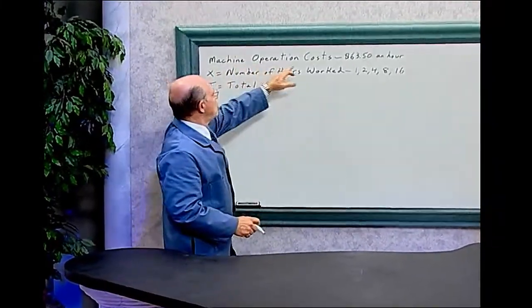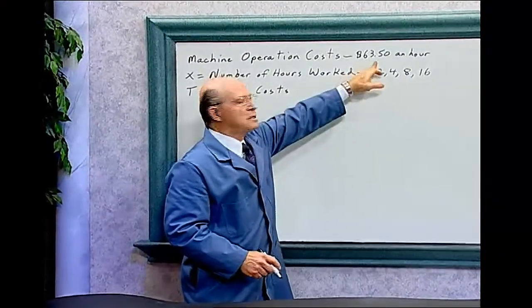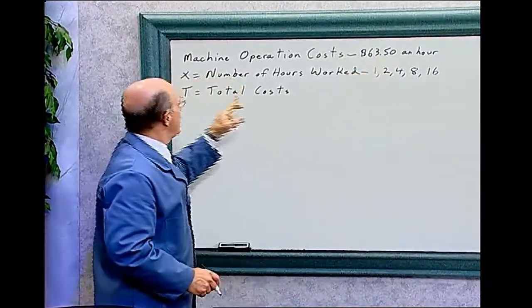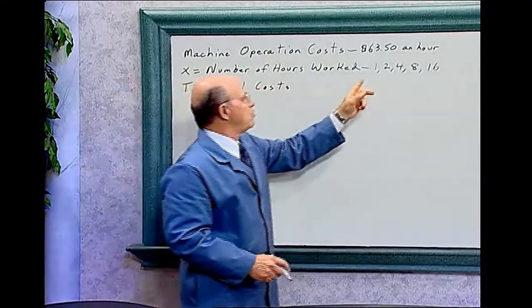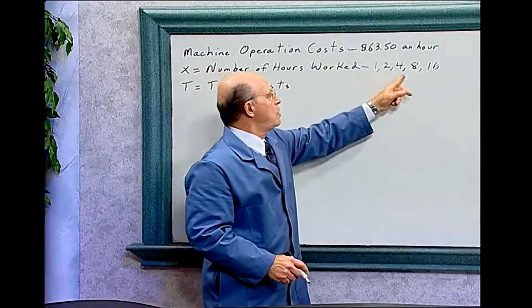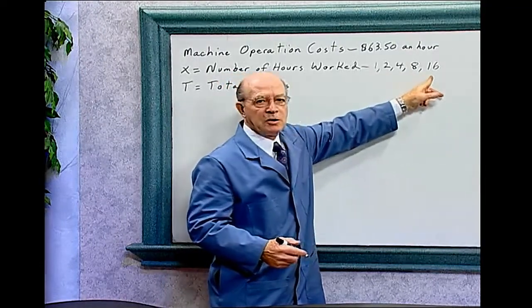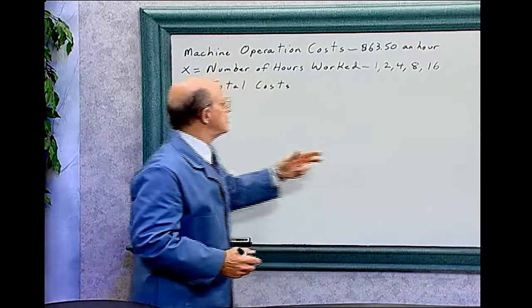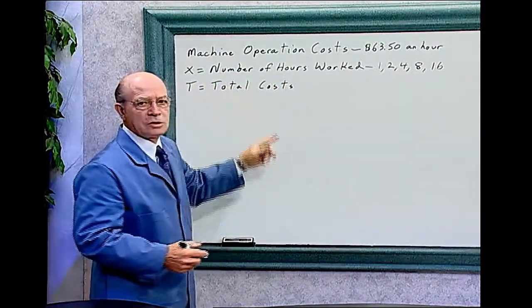Machine operation costs $63.50 an hour. X equals number of hours worked. We have 1, 2, 4, 8 hours, which is 1 day, and 16 hours is equivalent to 2 days. And then T equals total costs.